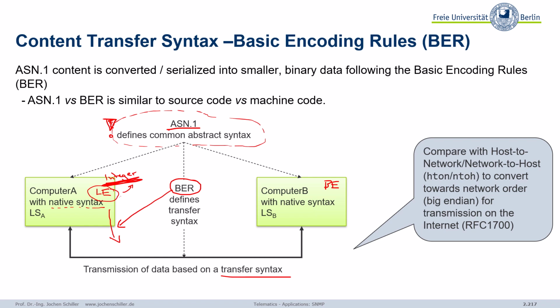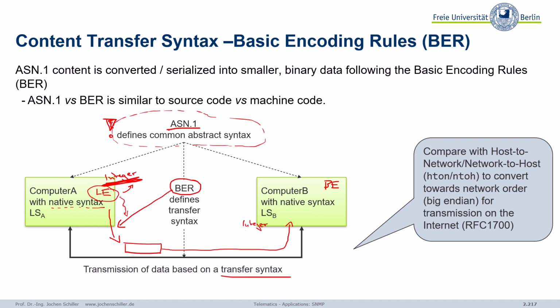Then, following the basic encoding rules, it will look like this. And this is then clear and unique, following the encoding rules. And if computer B receives this, computer B notices immediately, this is an integer. Why? We'll see in a second.